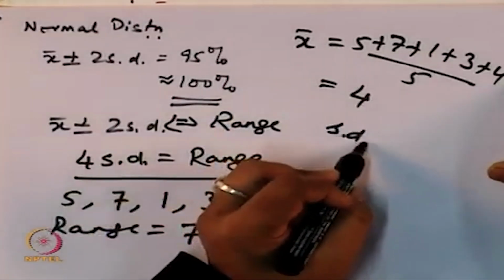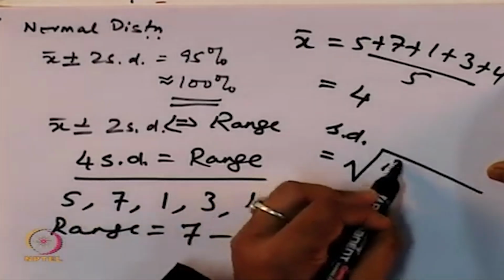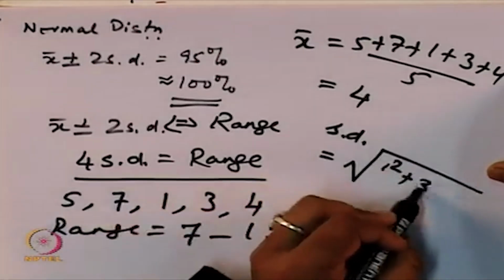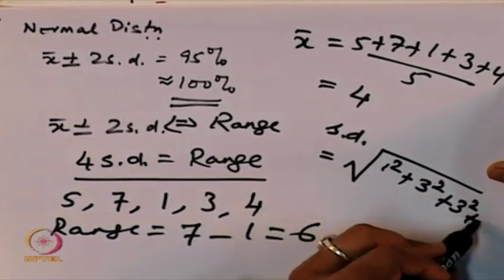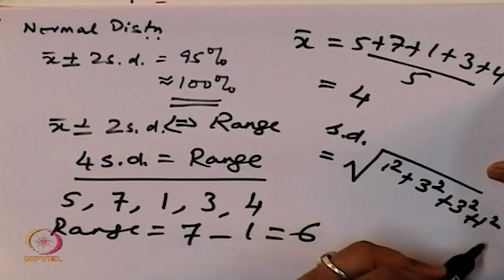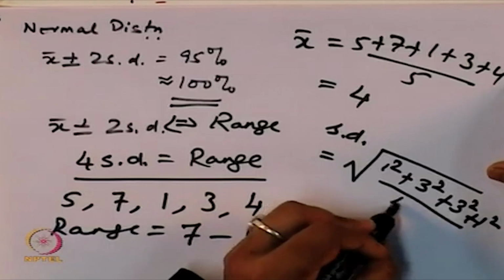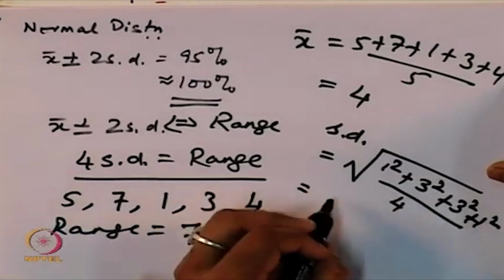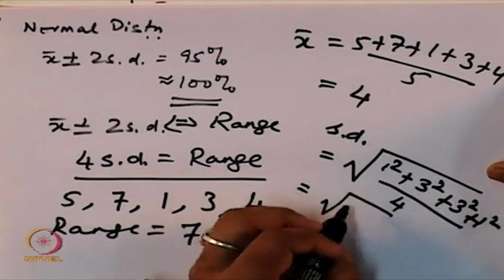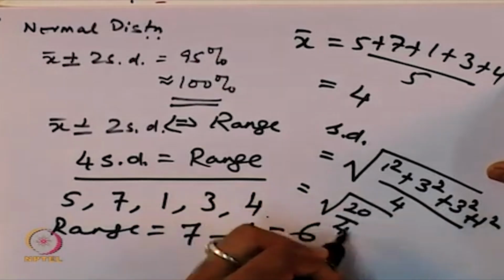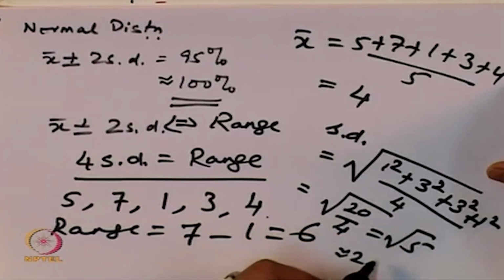My standard deviation is the square root of (5 minus 4)^2, which is 1, plus (7 minus 4)^2, which is 9, plus (1 minus 4)^2, which is 9, plus (3 minus 4)^2, which is 1, plus (4 minus 4)^2, which is 0, divided by 4, since n minus 1 is 4. 9 plus 1 is 10, 10 and 10 is 20, so the square root of 20 by 4 is the square root of 5, which gives a value of 2.2.